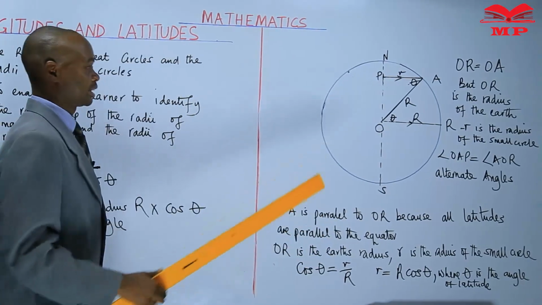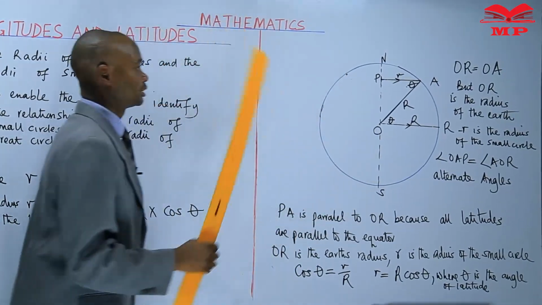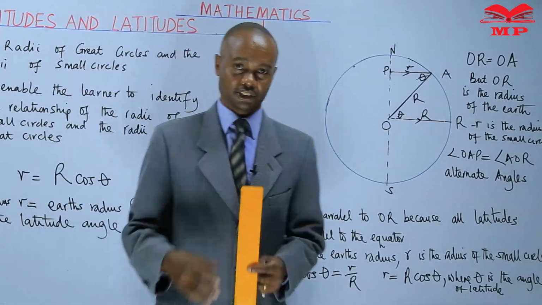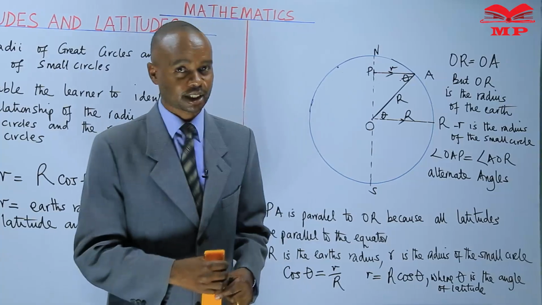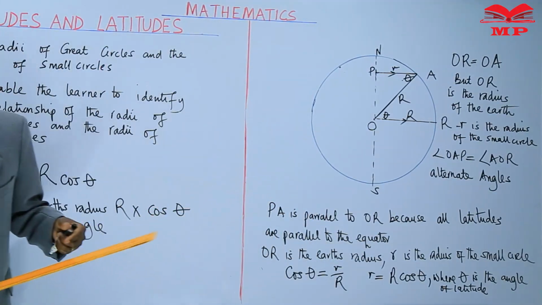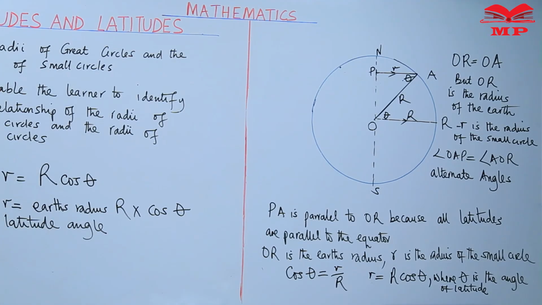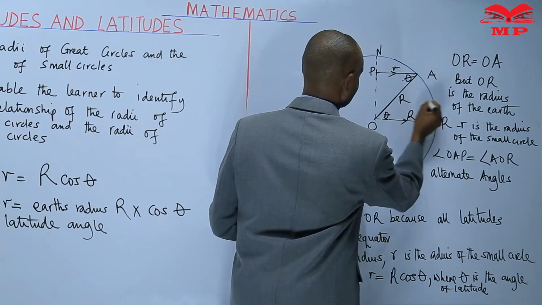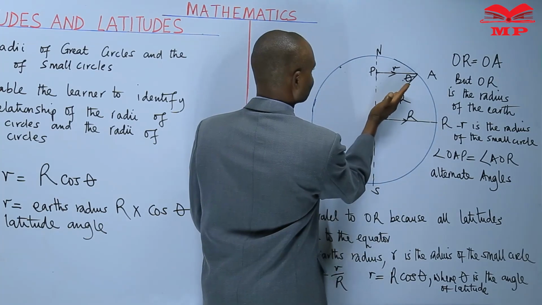And number one, the radius of all big circles is equivalent to the radius of the earth. So learner, this is the relationship between the radius of any latitude, any parallel to the equator. Whether it is here or there, you take that angle because the angle varies.